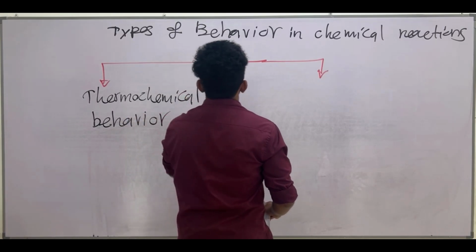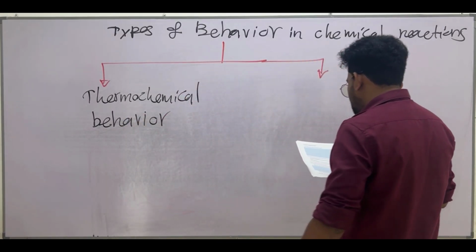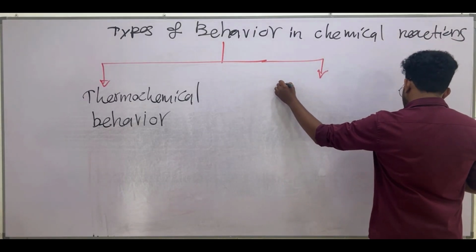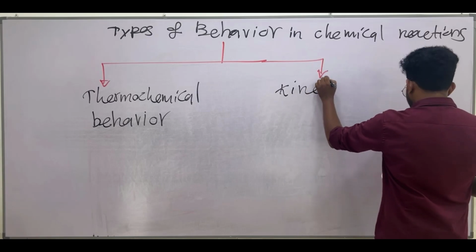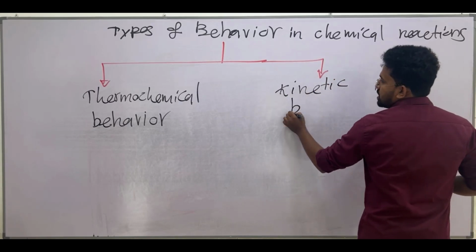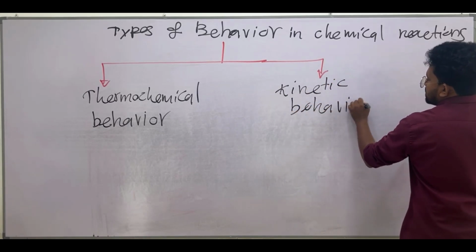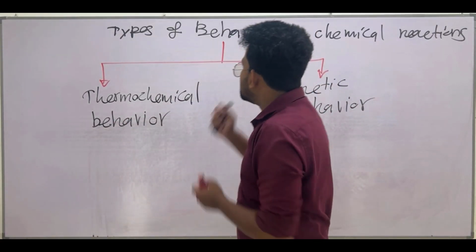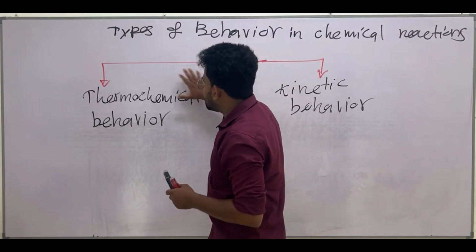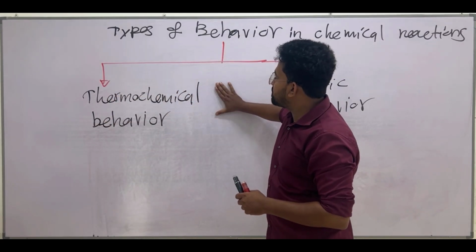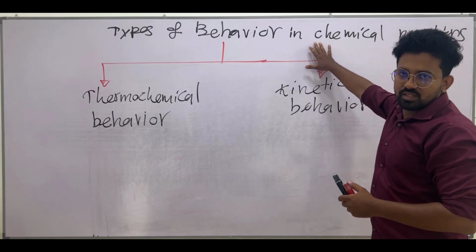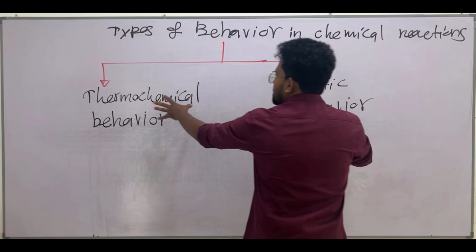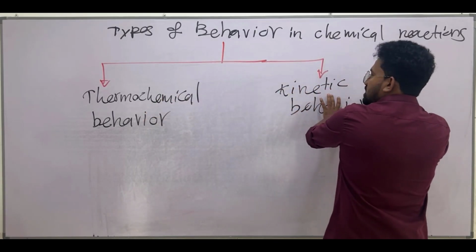And the other one is kinetic behavior. So in this unit we learn about thermochemical behavior of the chemical reactions. So I will explain the thermochemical behavior and the kinetic behavior.